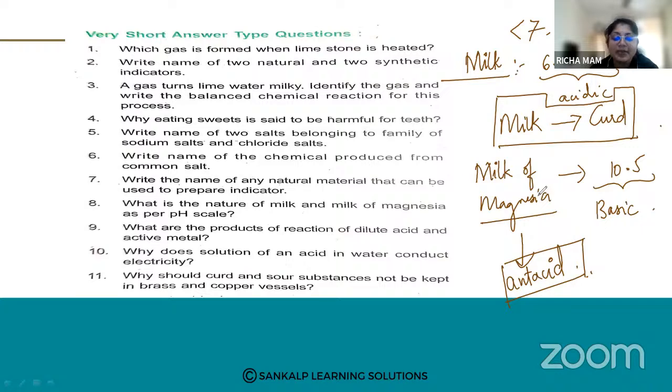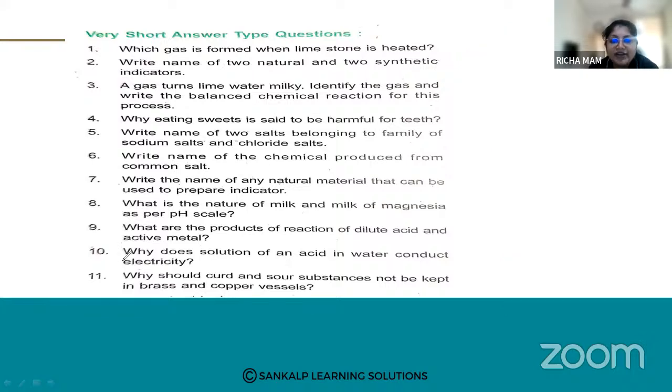It consists of a magnesium compound, and it has a pH of 10.5, which is basic in nature. It is used as an antacid, so that if more acid is produced in the body, it can be neutralized. Fine, let us go for the next one.